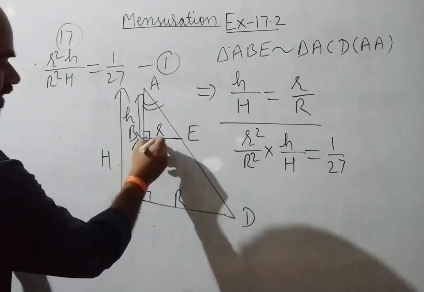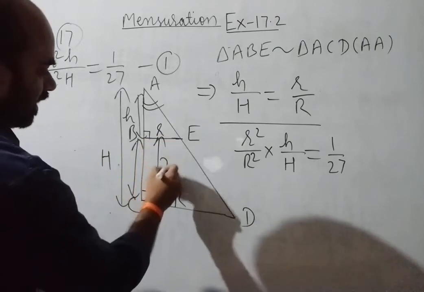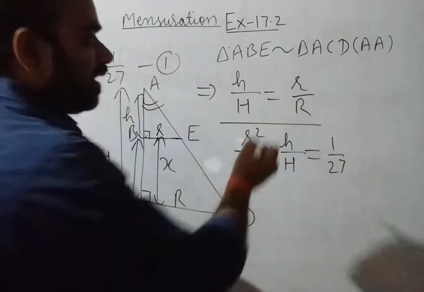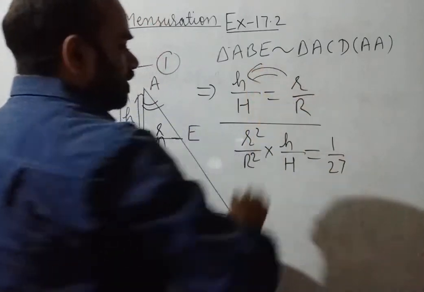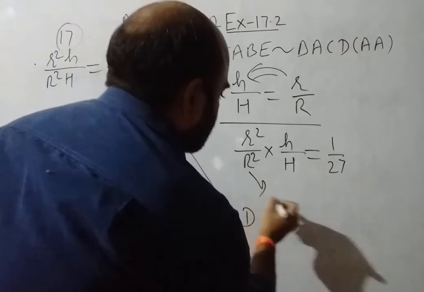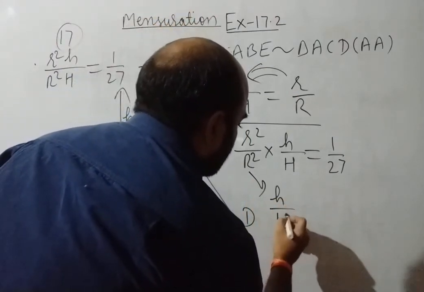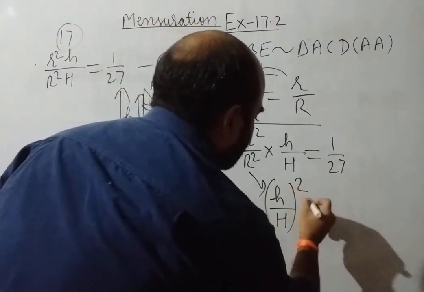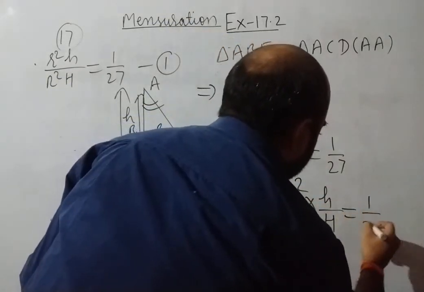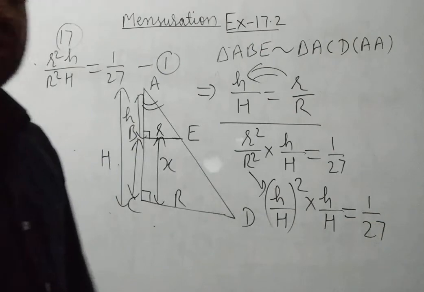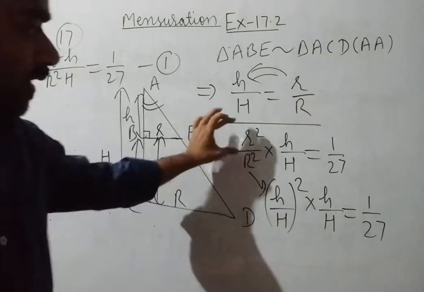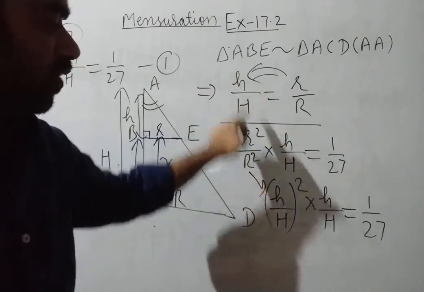Now, small r upon capital R can be substituted as small h upon capital H. So this is written as small h upon capital H whole square into small h upon capital H again is equal to 1 upon 27.